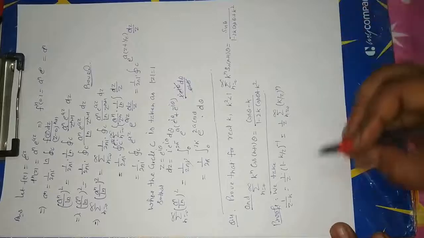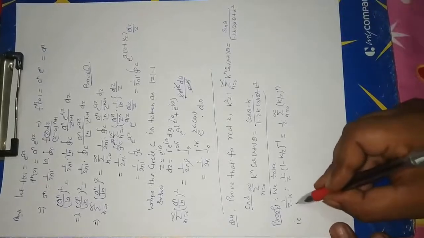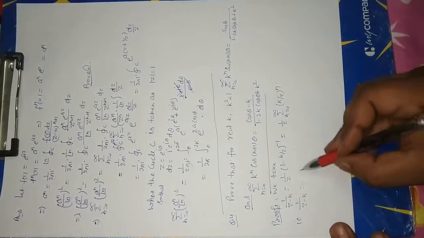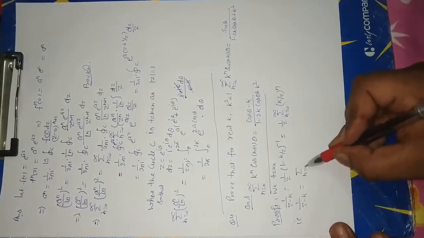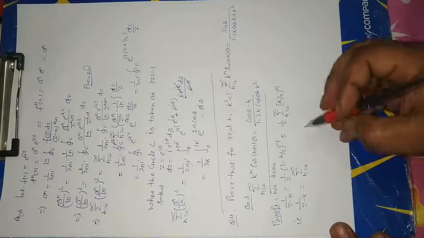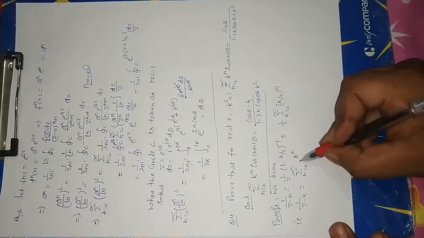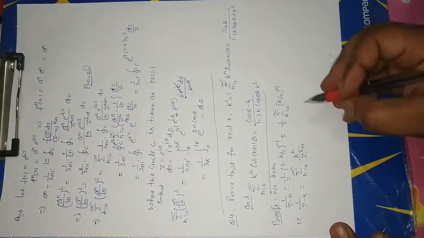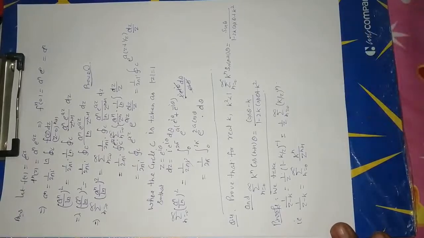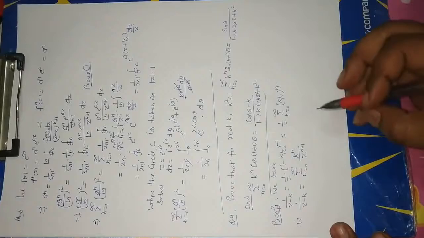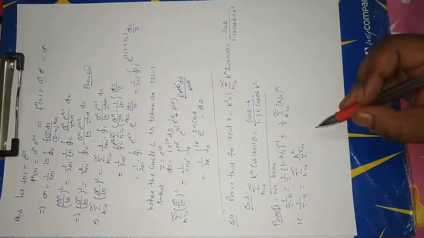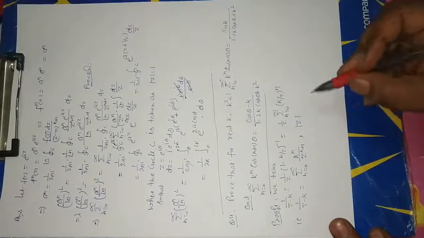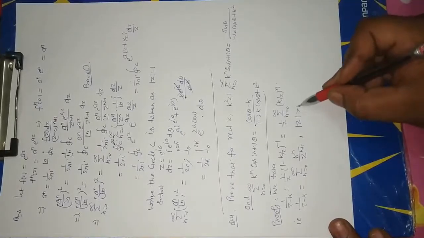Okay? That is 1 upon z minus k equal summation n equal to 0 to infinity k to the power n upon z to the power n plus 1, where modulus of z greater than k.